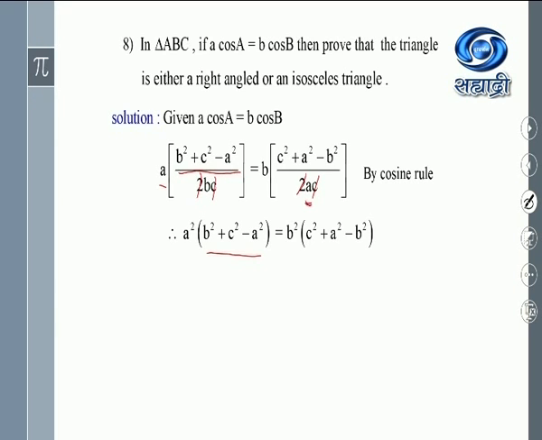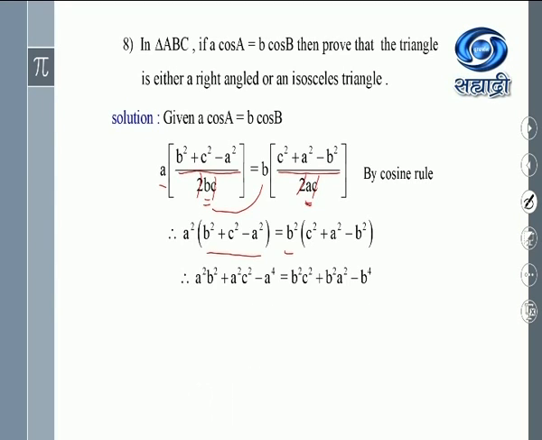So we are left with only A, and that we cross multiplied. From LHS in the denominator we are left with B. That B we cross multiply with RHS, giving you B square. And this bracket remains as it is with the term C square plus A square minus B square. Okay, got this step?